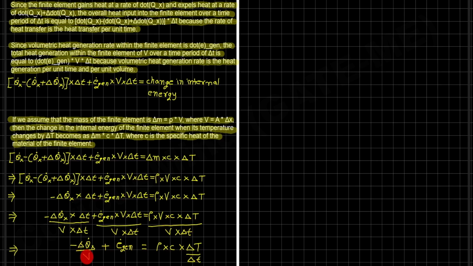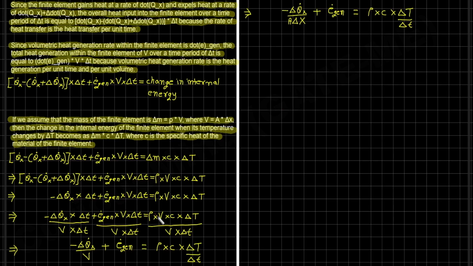Now we will plug in the expression of V, which is equal to A times delta X, because the volume of the finite element is equal to its cross-sectional area A times its finite thickness, which is delta X. So we will plug in the expression of V into this expression and we'll write the next step.